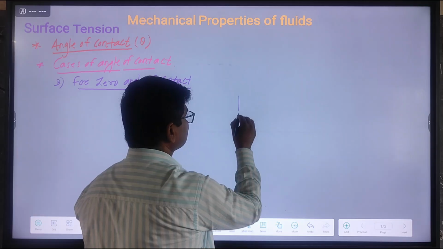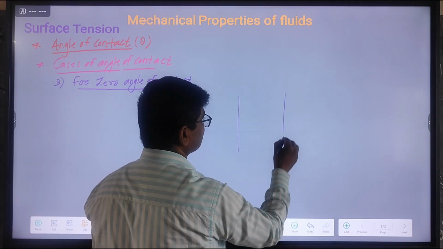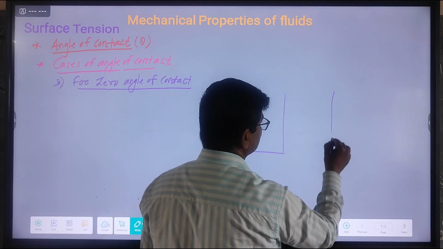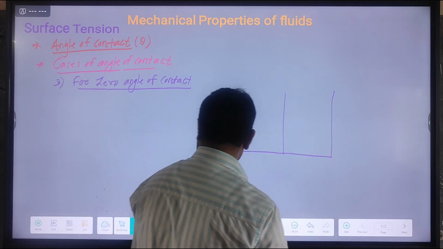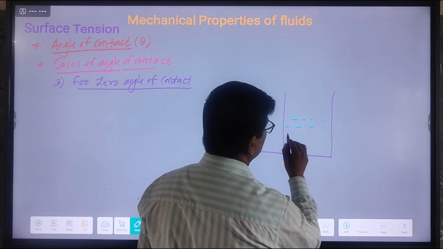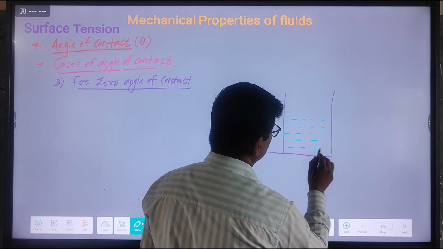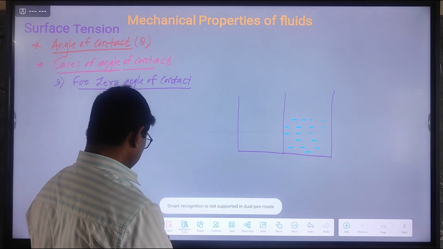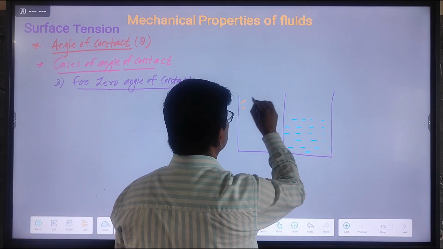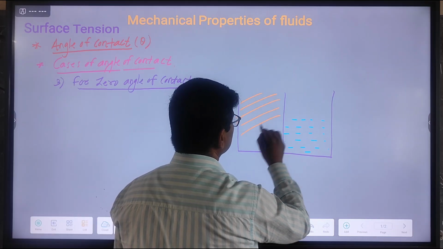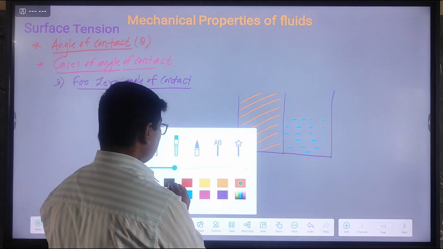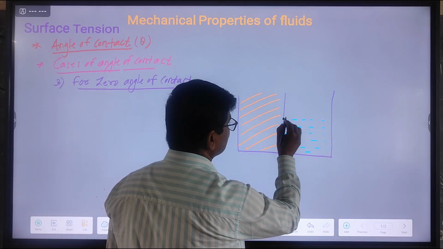Now let's imagine that this is solid, and this is liquid. Solid and liquid both are contacting together. The point of contact is here.